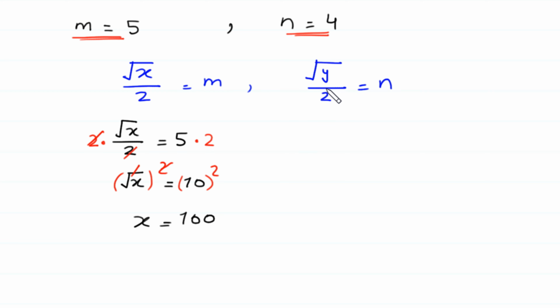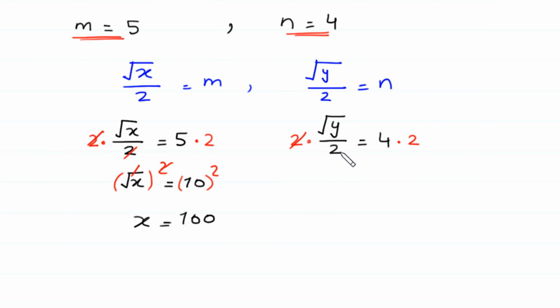Now to find the value of y, we put the value of n 4 in this equation. Square root of y over 2 is equal to the value of n is 4, and we multiply both sides by 2.